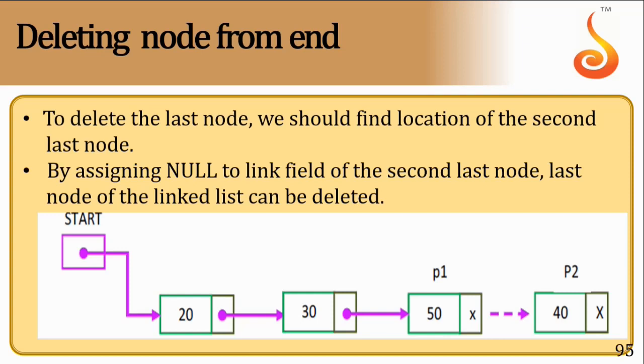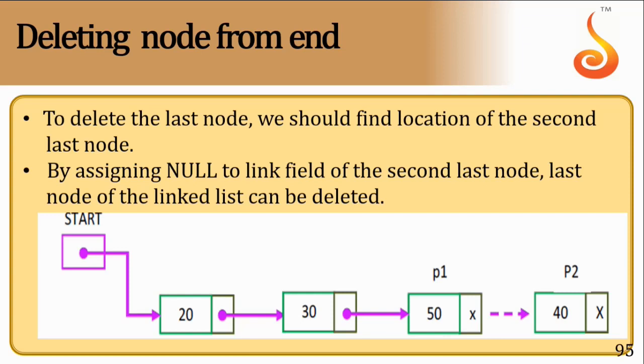Because when it points to null, it will have no clue about the other node, so it goes out of the linked list. It is detached from that, because the first node points to the second, to the third, and then the link part of the last node points to null. So you need to traverse the list to the last and the second last node, because I don't know how many nodes are there.